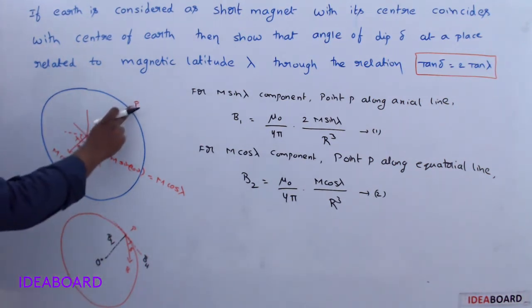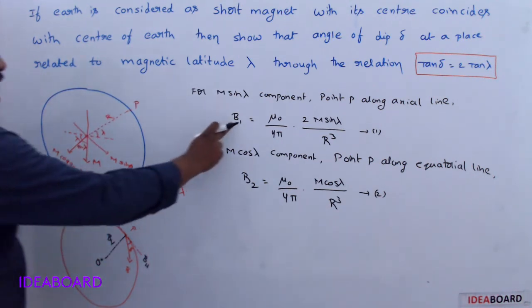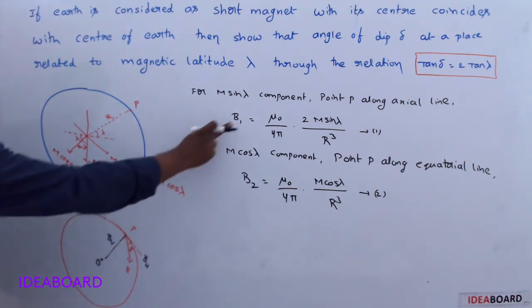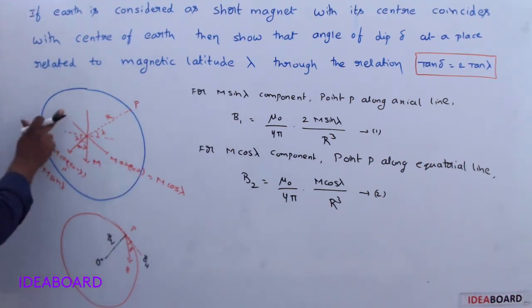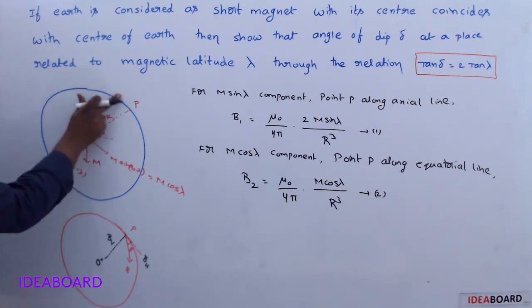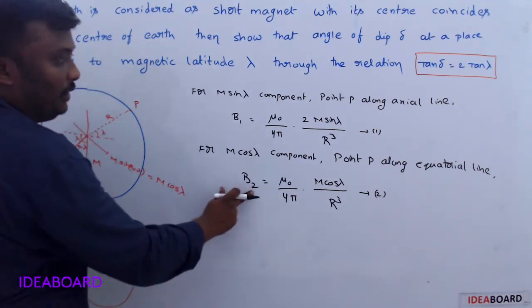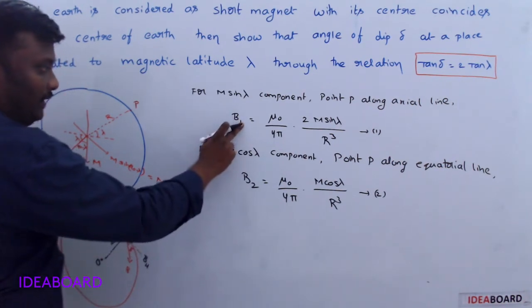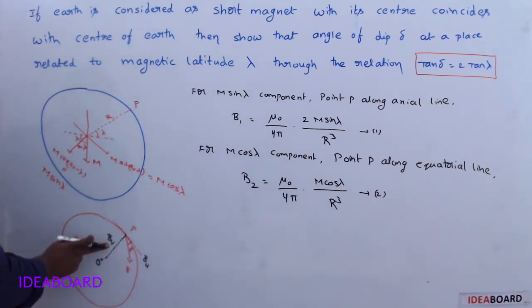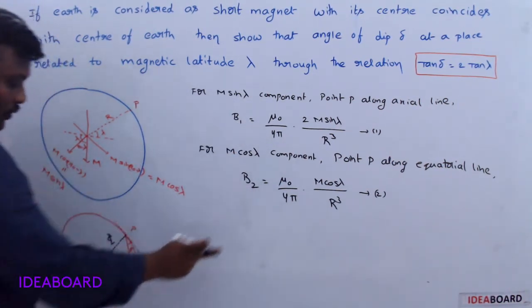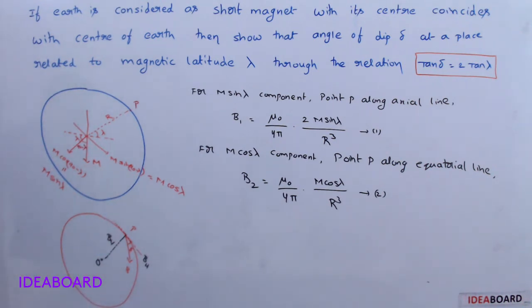Now in this direction we have the component B1, so B1 is related to BV, and in this direction we have B2, so B2 is related to BH.